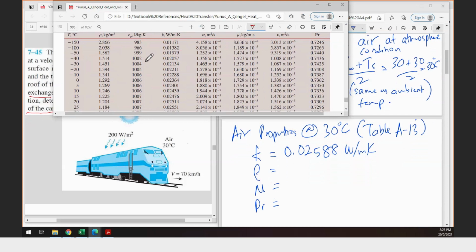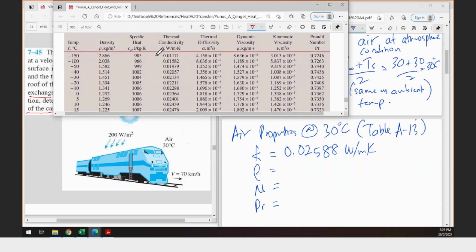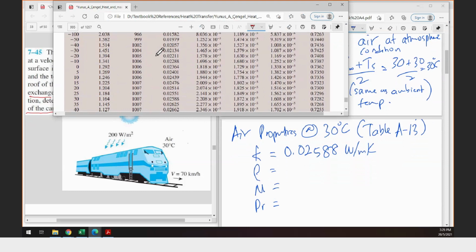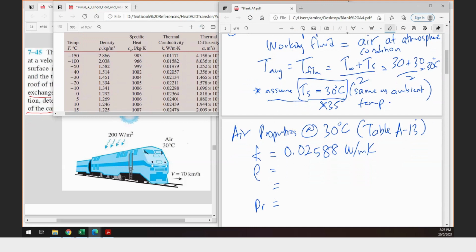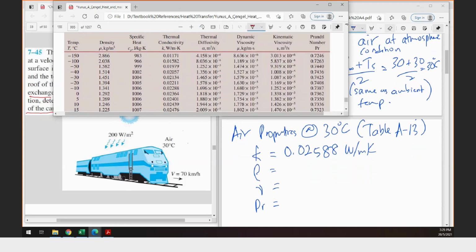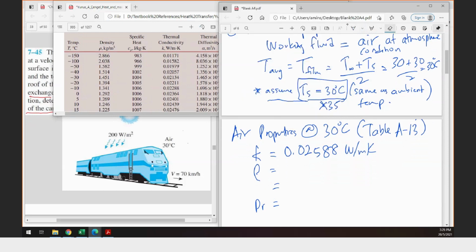Okay, kinematic viscosity is 1.608 times 10 to the power of negative 5 meters squared per second.